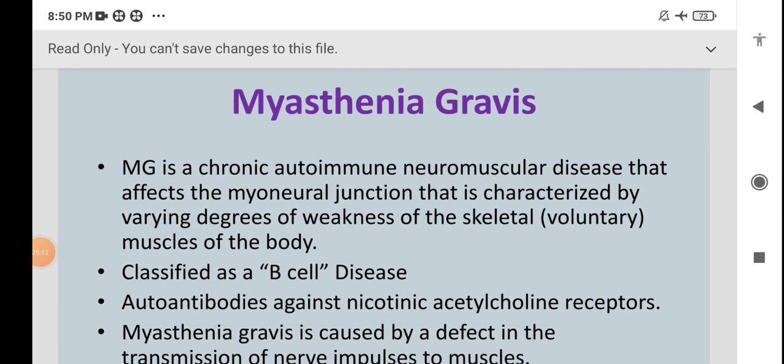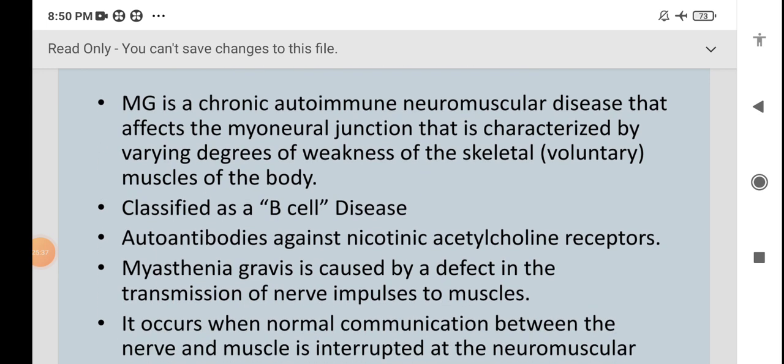Myasthenia gravis. It's a chronic autoimmune neuromuscular disease that affects the myoneural junction and is characterized by varying degrees of weakness of the skeletal muscles of the body. Classified as a B cell disease, with autoantibodies against nicotinic acetylcholine receptors.